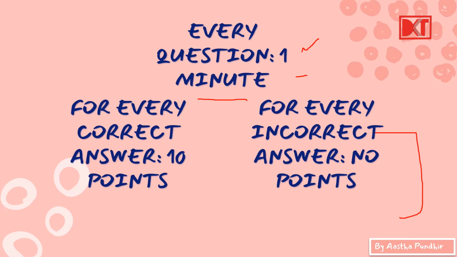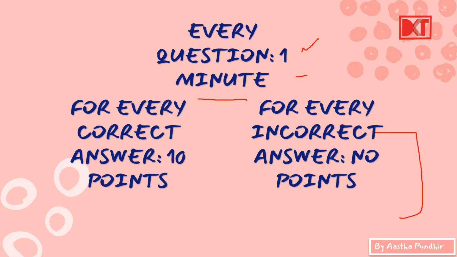Now for a question which you are not sure about, even in the exam, if you think that option B or option C might be correct, you should play your luck and make a guess and still give an answer, because it is a win-win situation.